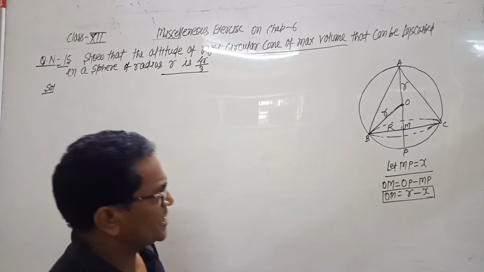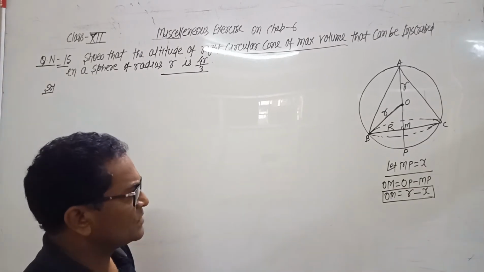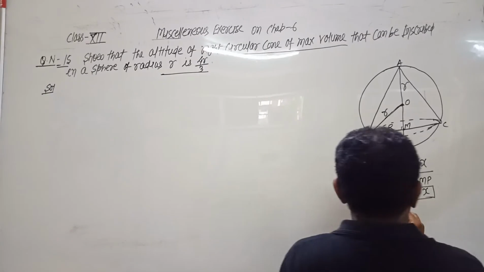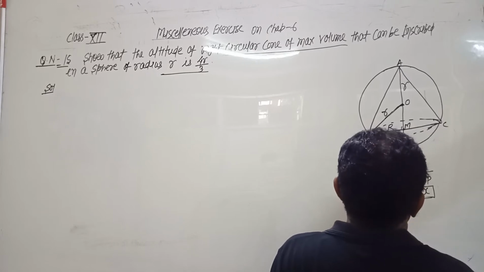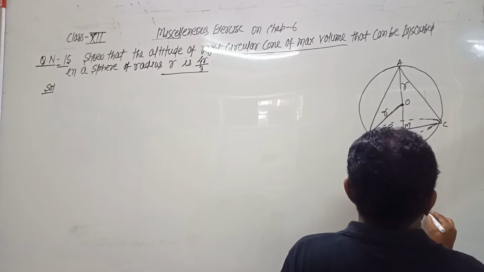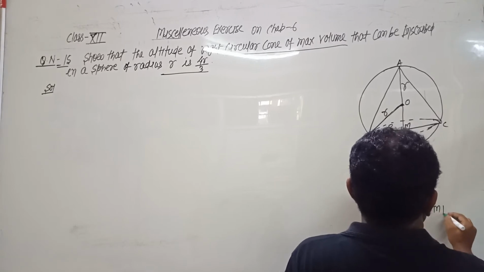Now we are interested in finding the height of the right circular cone. The height of the cone AM can be written as AP minus MP.